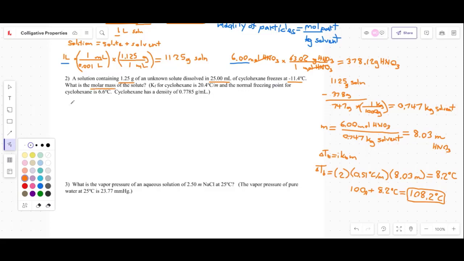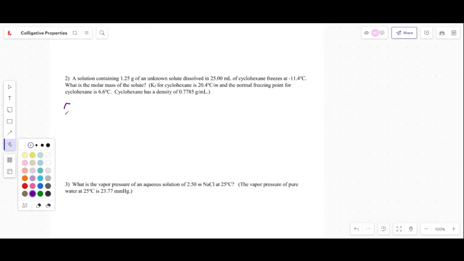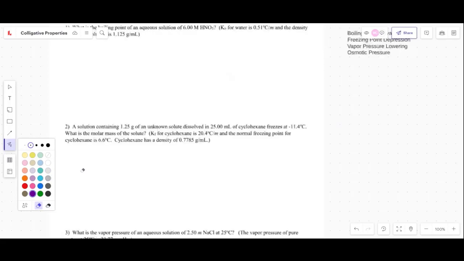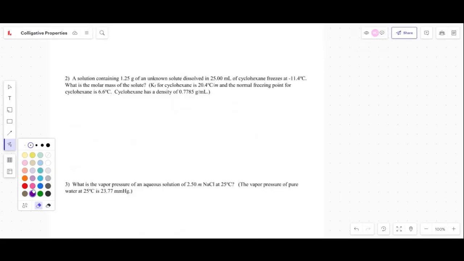Well, the first thing we want to do is establish what molar mass is. Molar mass is basically the mass given for a certain molecule or certain element in grams per mole. Yeah, and that's the key thing.